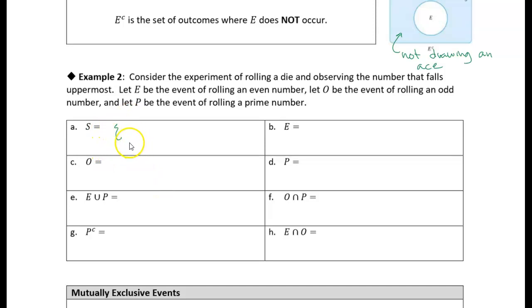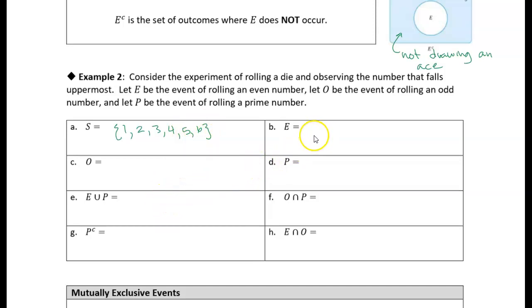Okay, so we're going to roll a die, and what are all of the possible outcomes? All right, what's our sample space? Well, that's just all the possible outcomes. So you're either going to roll a 1 or a 2 or a 3 or a 4 or a 5 or a 6, right? So that's our sample space.